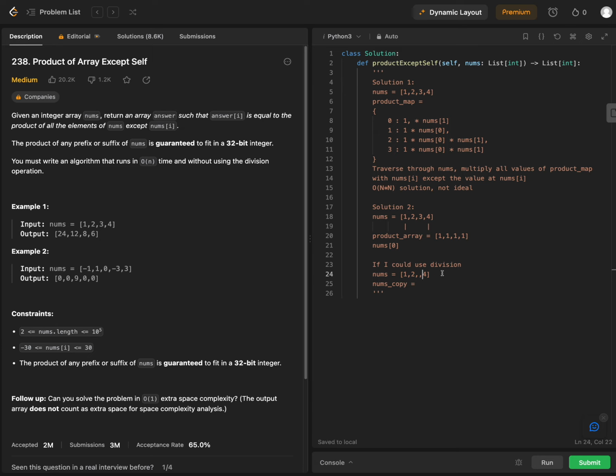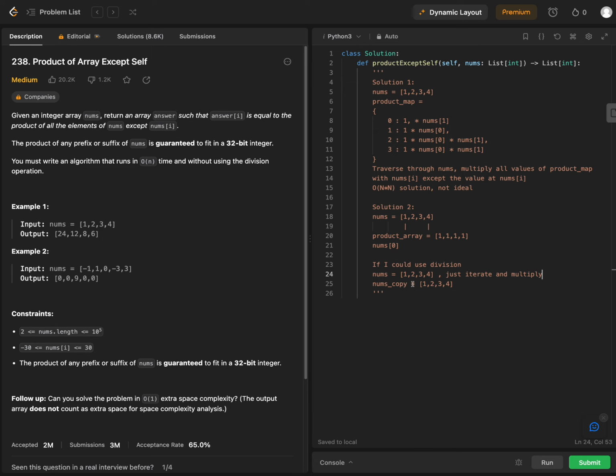And then what I will do is simply multiply this throughout the entire array. So just go ahead and do this. Just iterate and multiply.